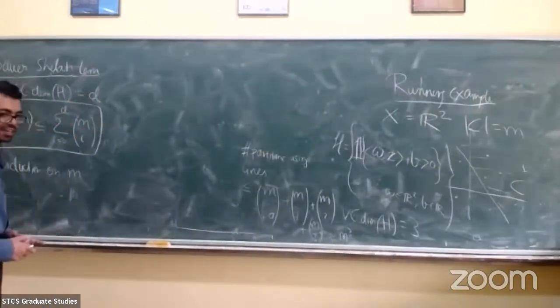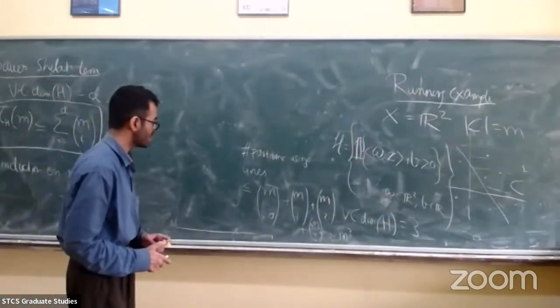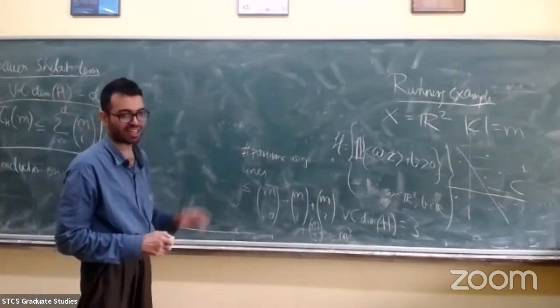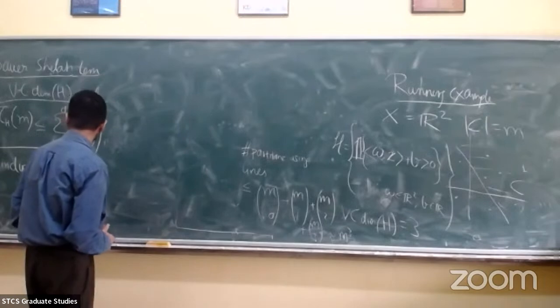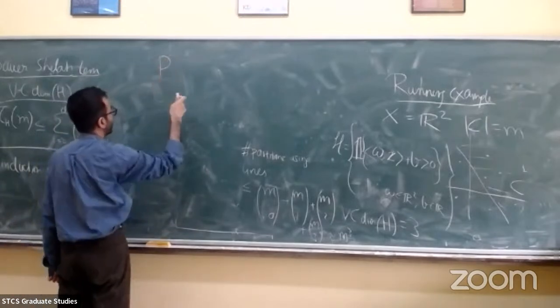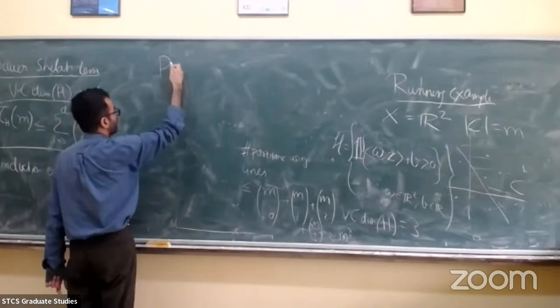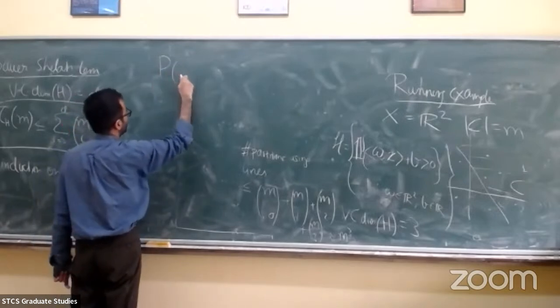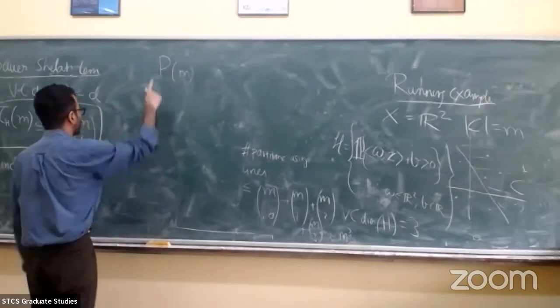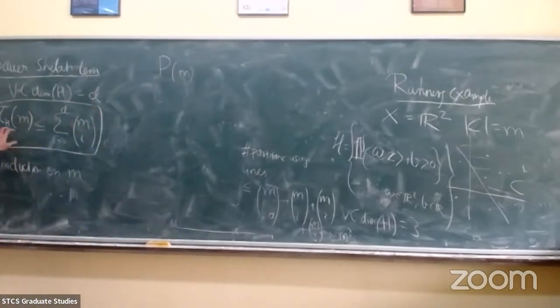The way you do induction, I'll just write the induction framework here. I want to prove a proposition P for all natural numbers. P of m is this statement that tau h of m is at most this quantity.